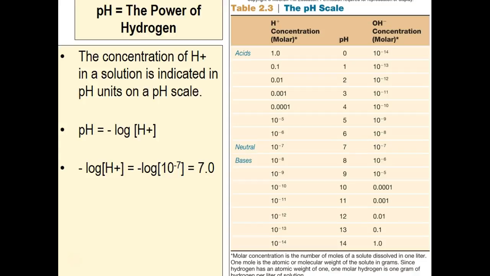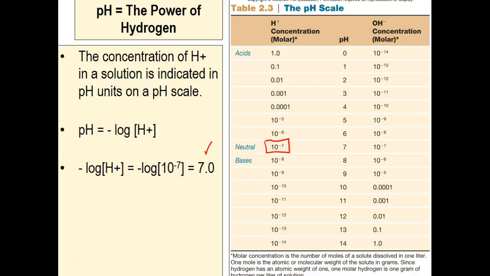The hydrogen ion concentration is 10 to the minus 7th molar, and the negative log of 10 to the minus 7th is 7. So pH 7 indicates a solution that is 10 to the minus 7th molar in both hydrogen and hydroxyl ions.